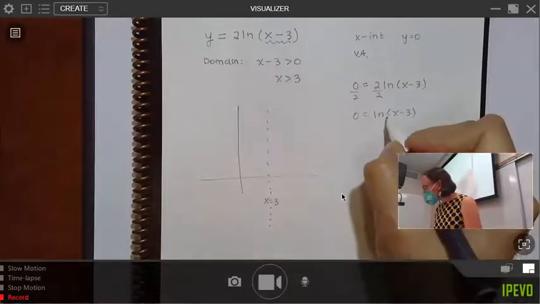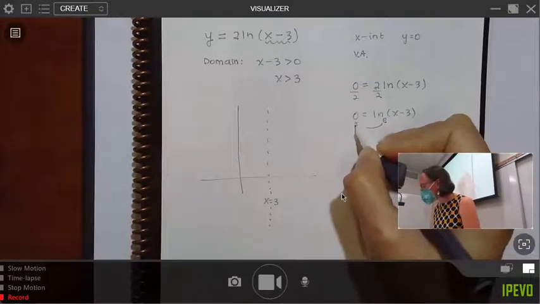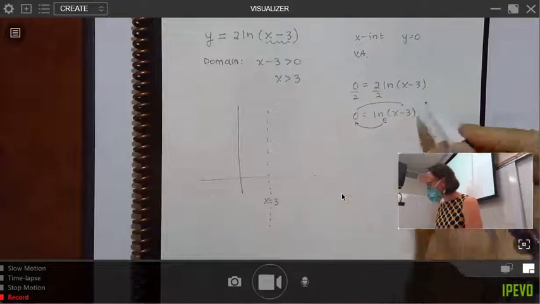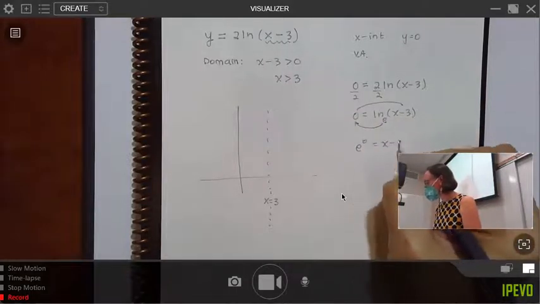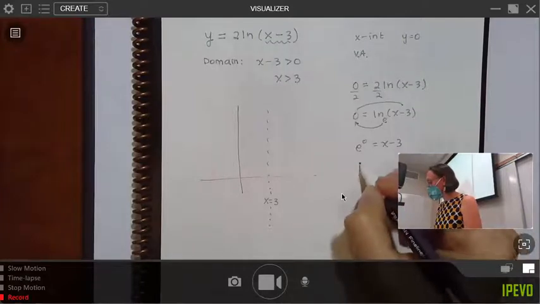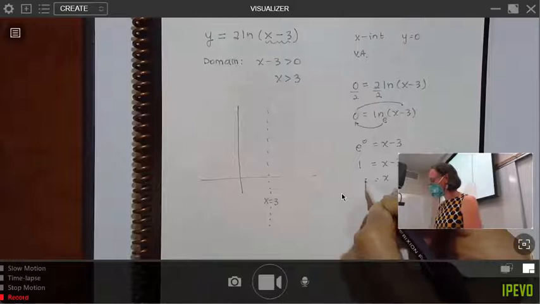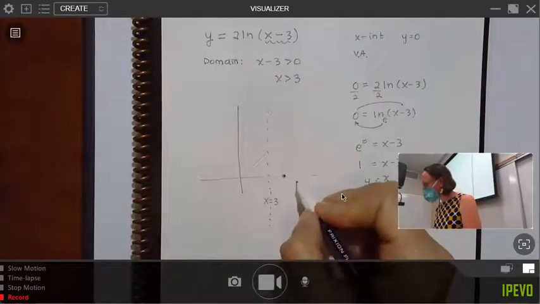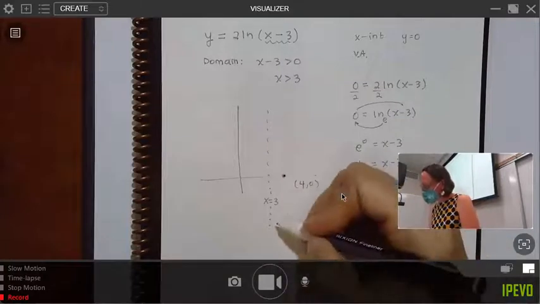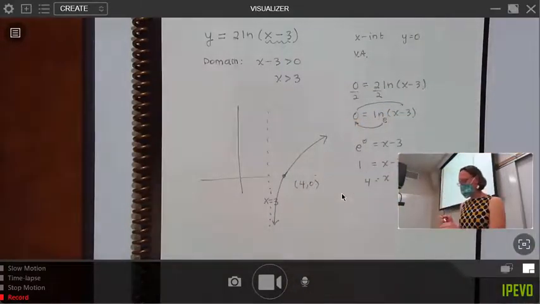So there's that invisible base of e raised to the 0 power is equal to x minus 3. So e to the 0 is equal to x minus 3, or 1 is equal to x minus 3. x is equal to 4. So this would have an x-intercept of 4. And then we would just sketch in the shape of the log.